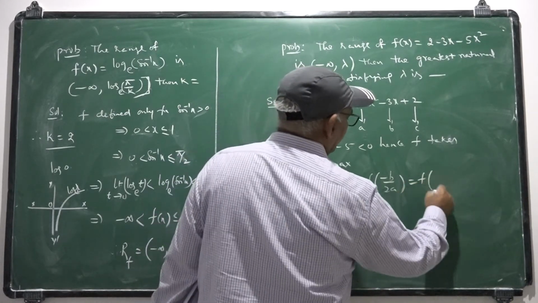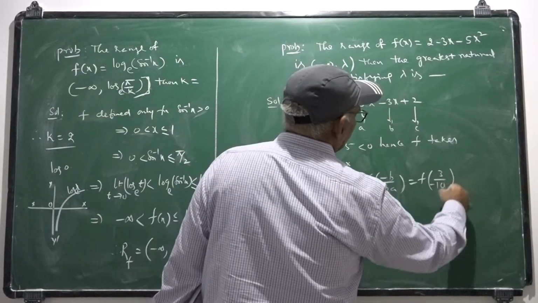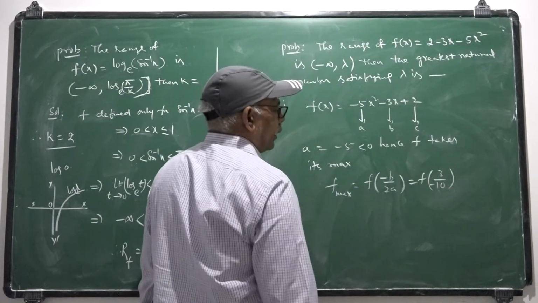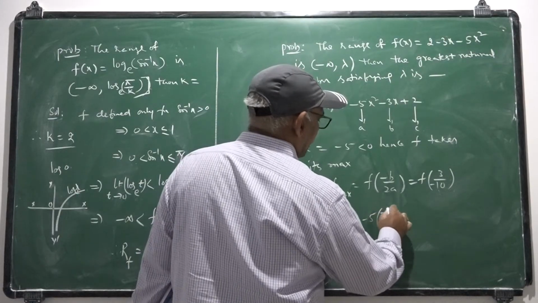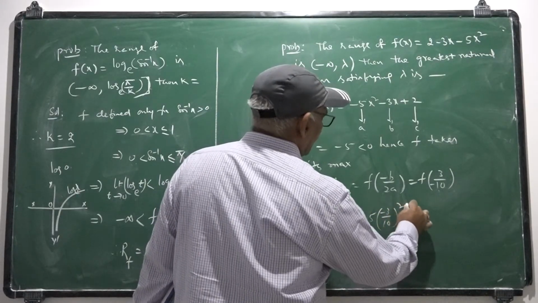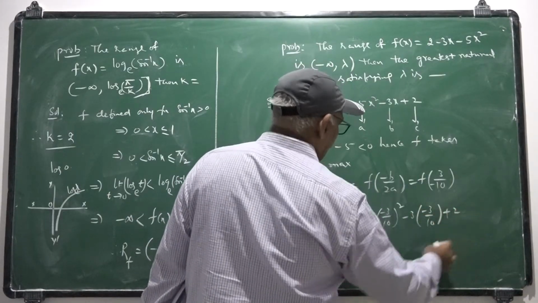So that is f of minus b by 2a, which is minus 3 by 10 here. So that is minus 5 into minus 3 by 10 whole square, minus 3 into minus 3 by 10, plus 2.